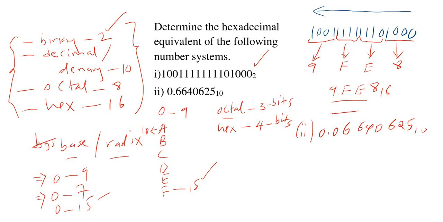When you have a decimal fraction in base 10 and you want to convert it to any other base, be it base 2, 8 or 16 as we are doing right now, you multiply repeatedly by the base you are converting to. Here we are converting to base 16, so we multiply repeatedly by 16.